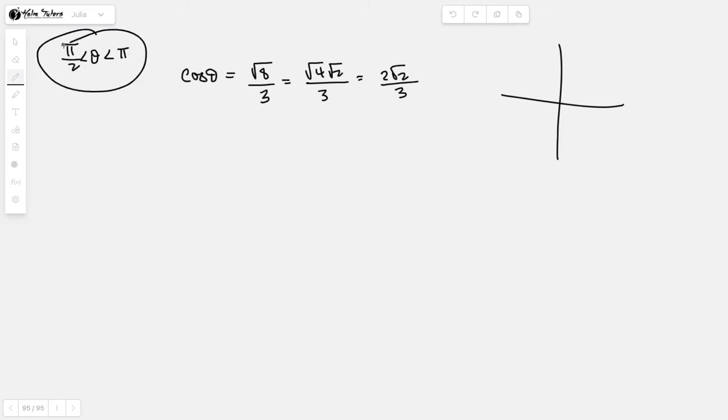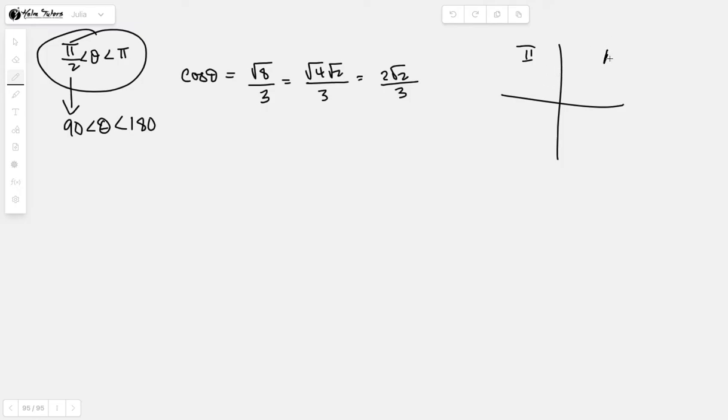So what quadrant does that put us in? Wait, pi over 2 to pi. So pi over 2 is 90. Yeah, exactly. So which quadrant? Yes, exactly. We're in quadrant 2.